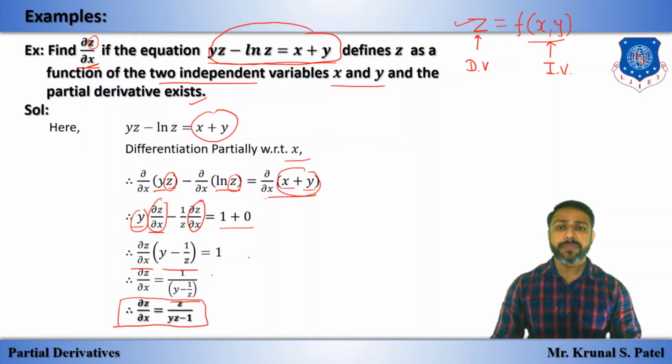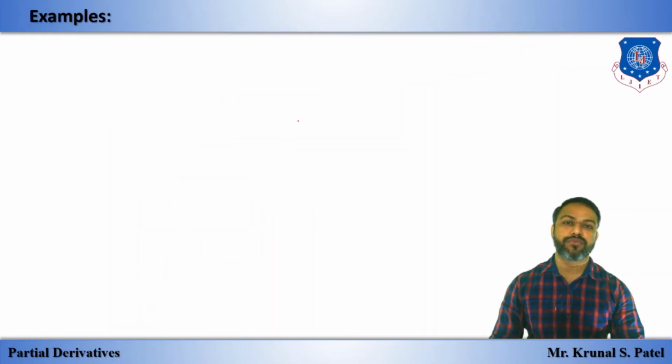Okay, so this example is taken because this function z is included in the given equation. This is a little bit different from the first and second example. So this is the partial derivative of first order with respect to x and with respect to y.